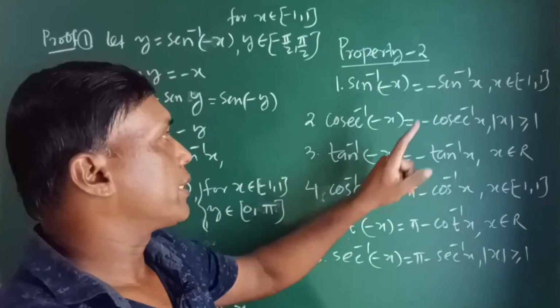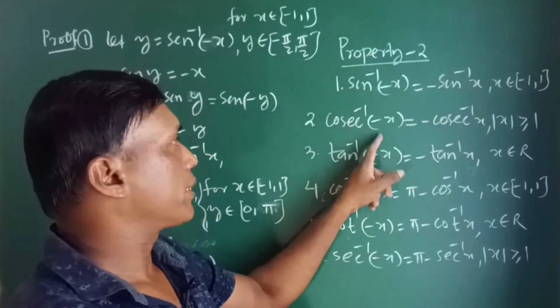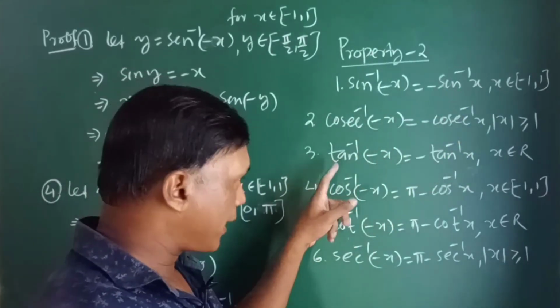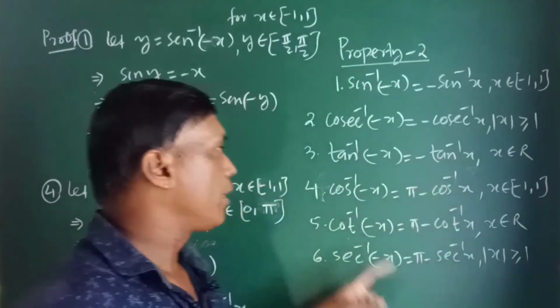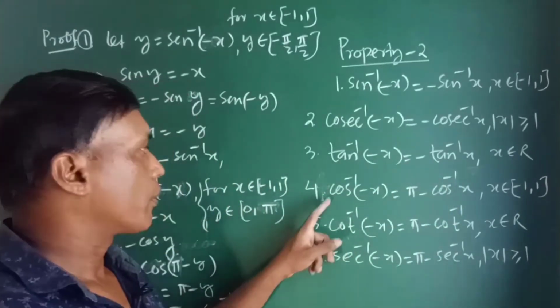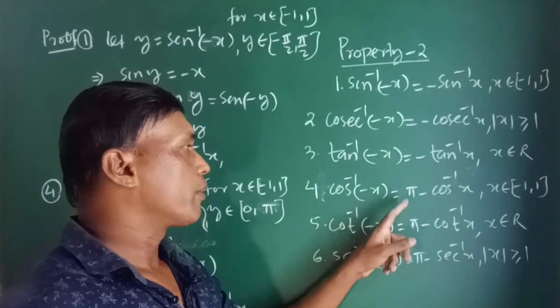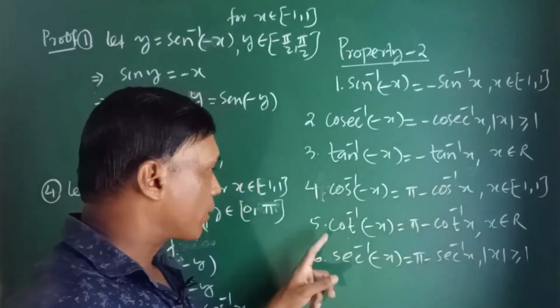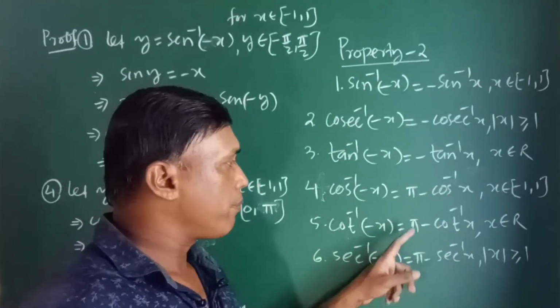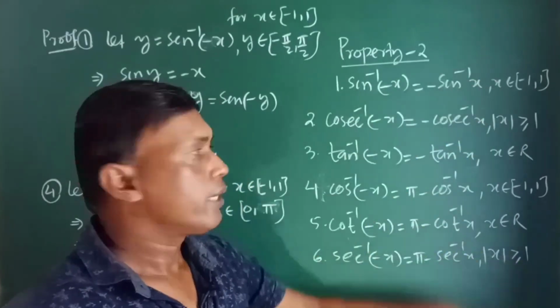Sin inverse minus x is minus sin inverse x, cosec inverse minus x is minus cosec inverse x, tan inverse minus x is minus tan inverse x. But in case of these, cos inverse minus x is pi minus cos inverse x, cot inverse minus x is pi minus cot inverse x, and the domain is like this.